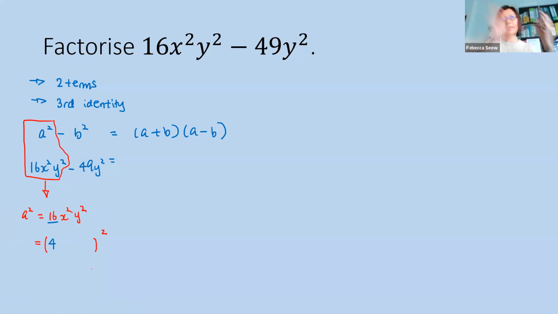Let me make the teaching a bit more uniform. So we square root 16, we get 4. Let's square root x squared now, and we end up with x. And lastly, we square root y squared, we end up with y. So 4xy, bracket squared, is actually 16x squared y squared.